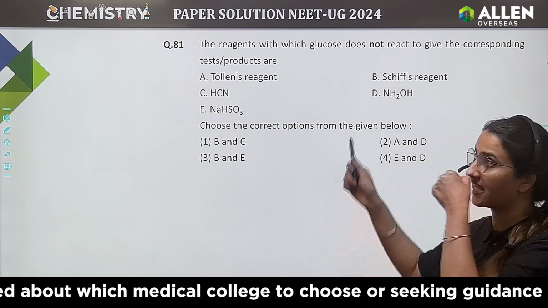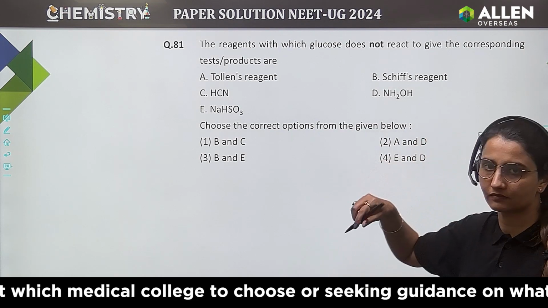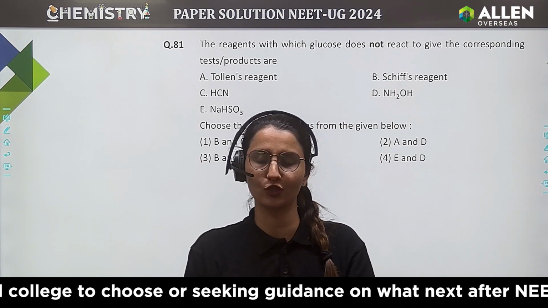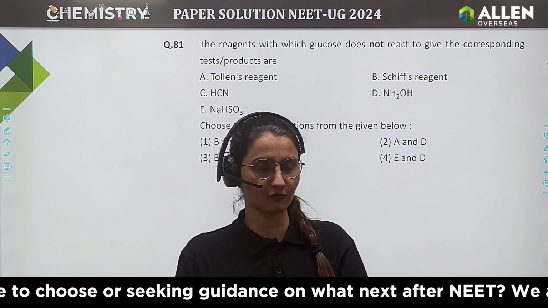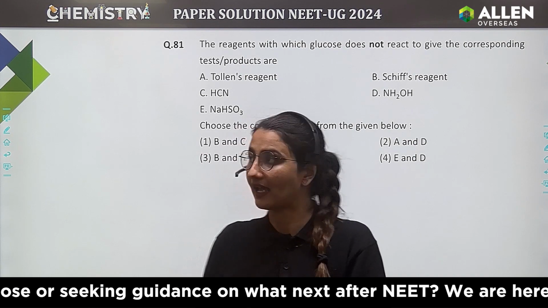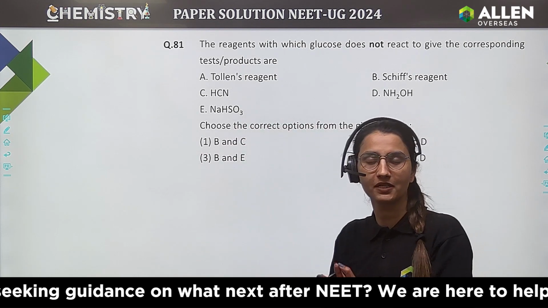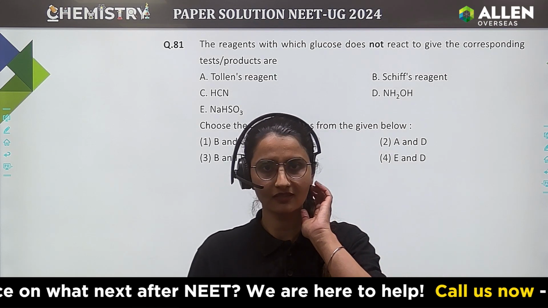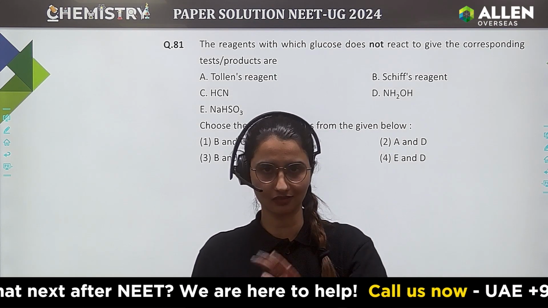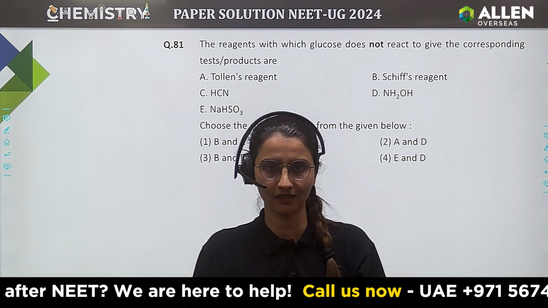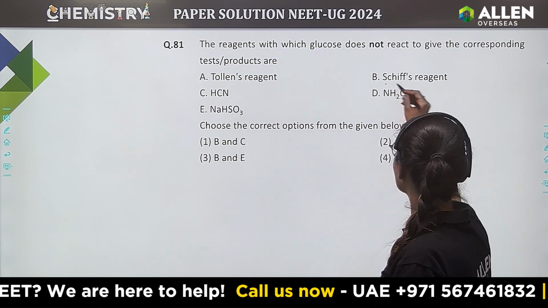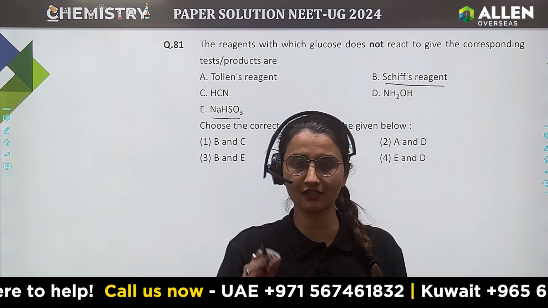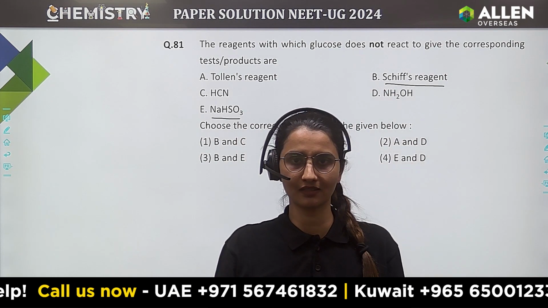Again, students, a direct question. You know that glucose exists in equilibrium with its alpha glucopyranose and beta glucopyranose form. Yes. And it has an aldehyde group, but it is bound in the form of a linkage. Correct? Forming a ring, pyranose ring. So only two reagents, one is Schiff's reagent and NaHSO3, because they are weaker bases, weaker nucleophiles. They cannot. Why?